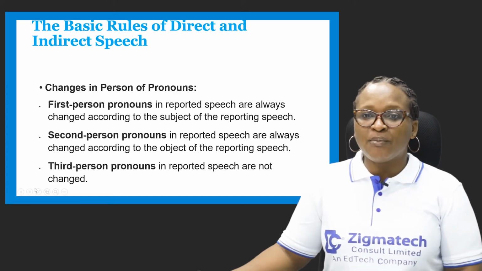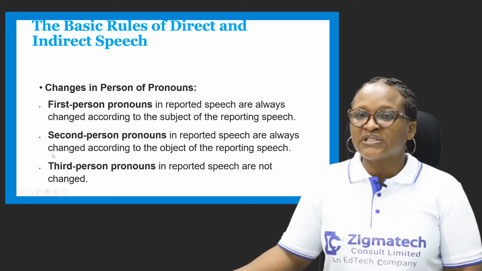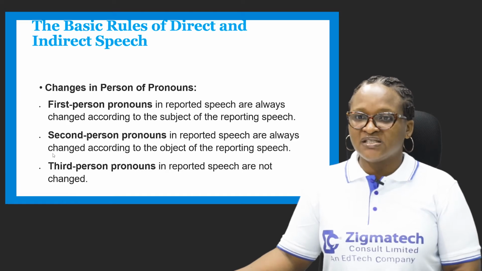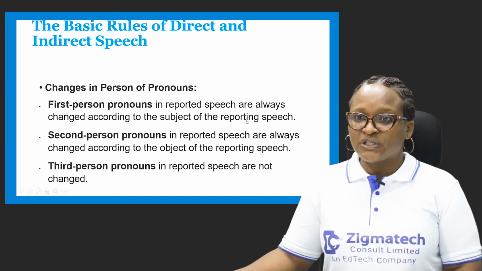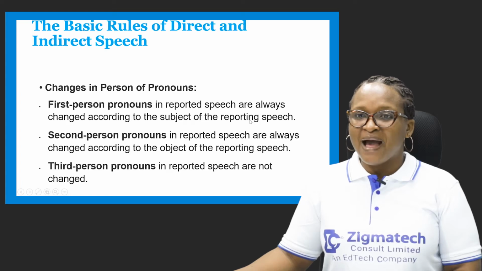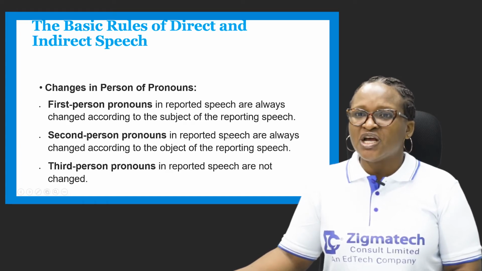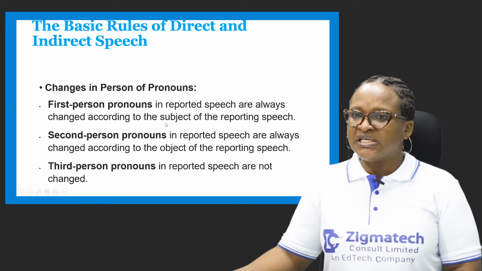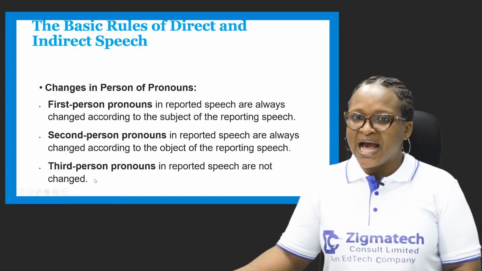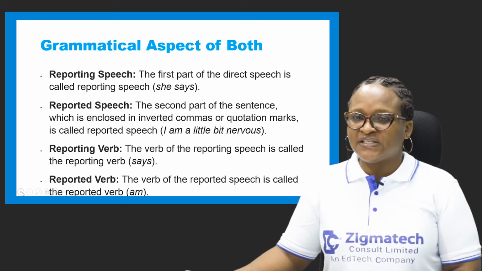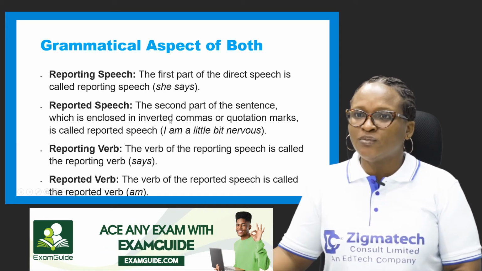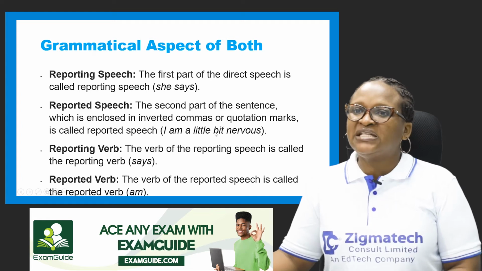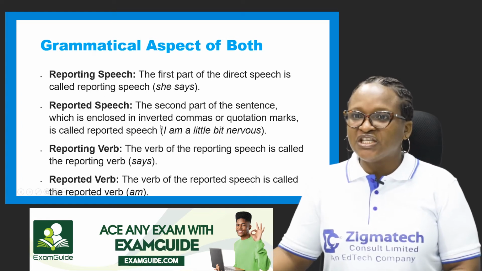Now, when we looked at the other example, in the reporting speech we had she says. It's also possible for us to have they say. If you have the reporting speech as she says, when changing to indirect speech, it becomes she says she is a bit nervous.